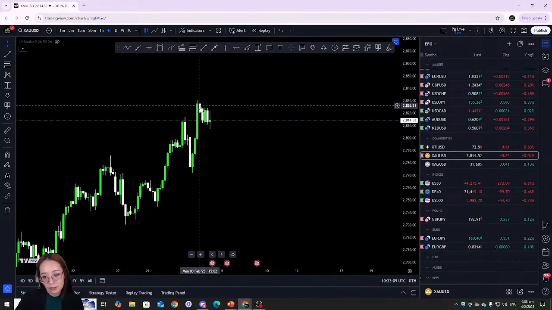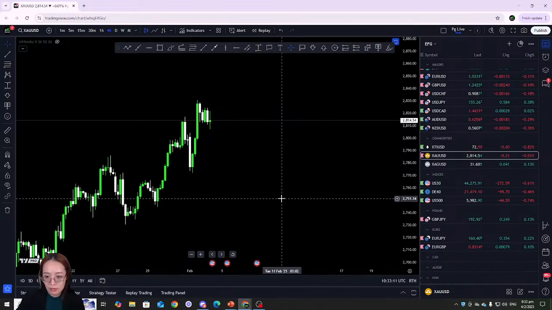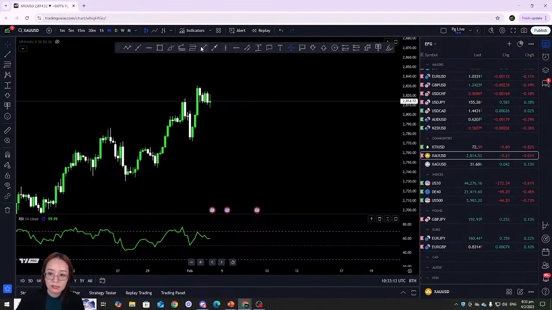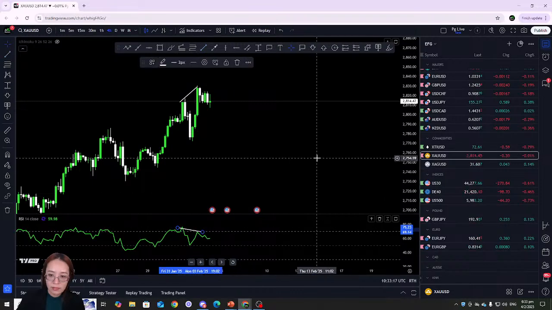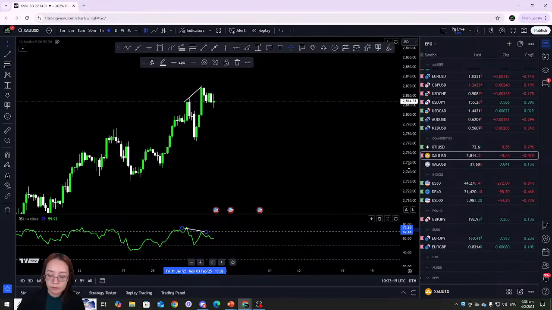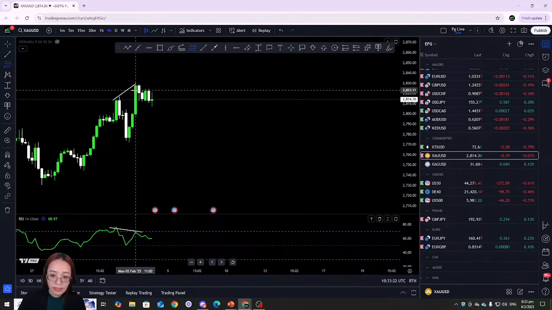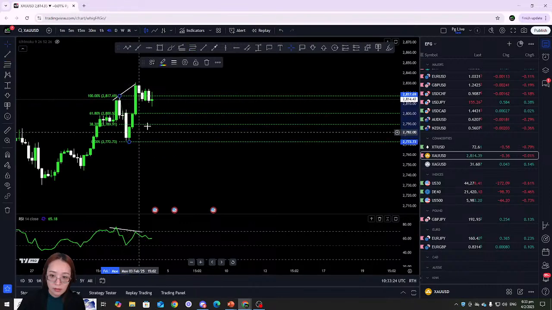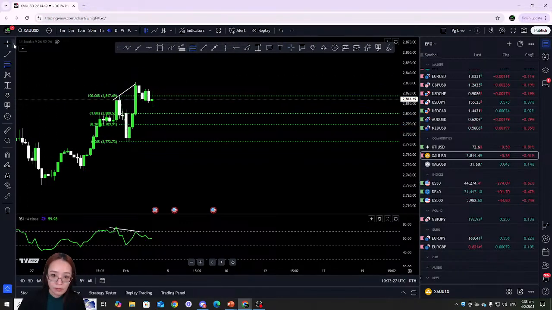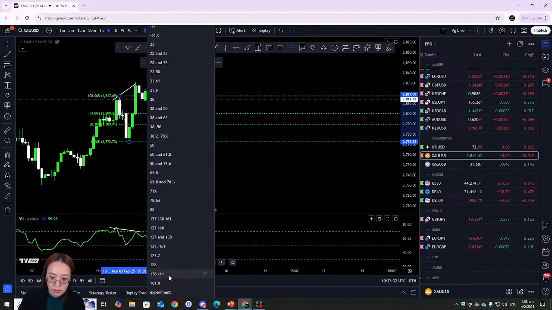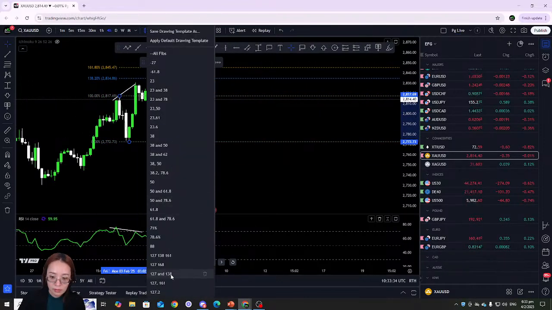What's happening here? Is there a divergence here or not? Do you think there is a divergence here? Yes, there is a bearish divergence here, so we just identify based on the extension. Before the end of the webinar, I will use 127 and 161.8.